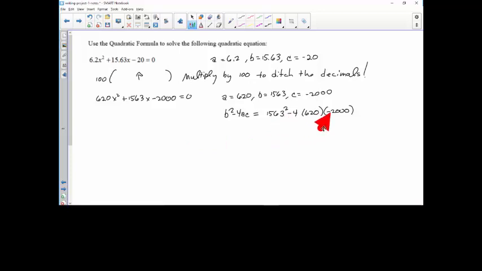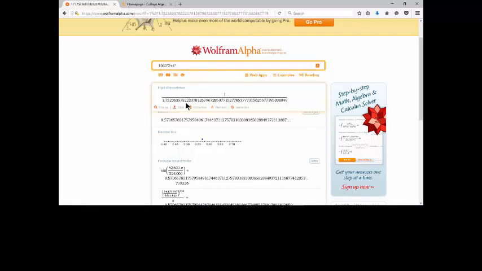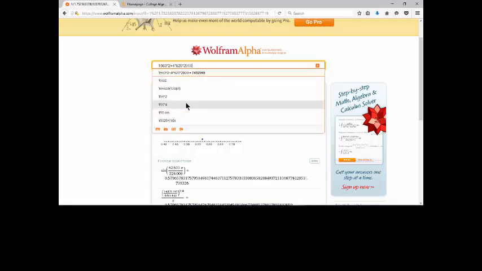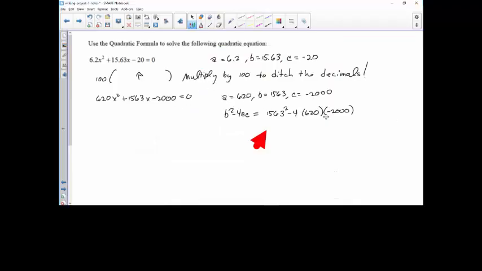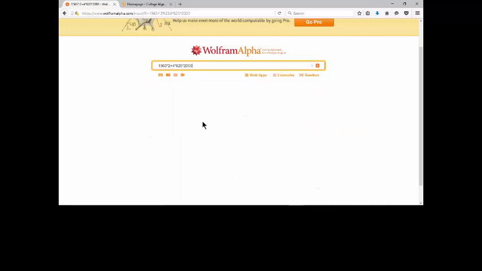I could just drop both of them and put a plus there, so it'd be plus 4 times 620 times 2000. Make sure I entered it right. 4 times 620 times 2000. Good. So there it is, and just enter.